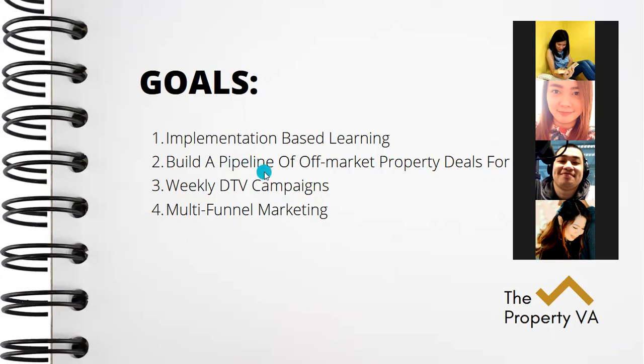Pipeline means that we are not just contacting one and then no more. Pipeline, as the name suggests, is a row of sources or leads that we're building for our client. Why is this important?